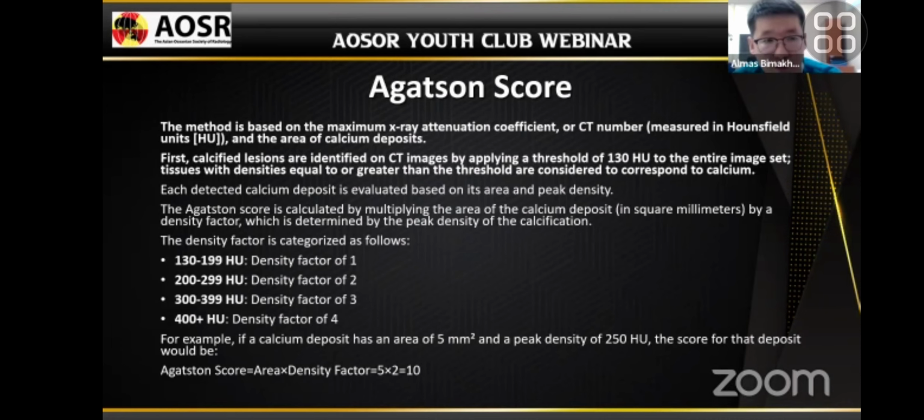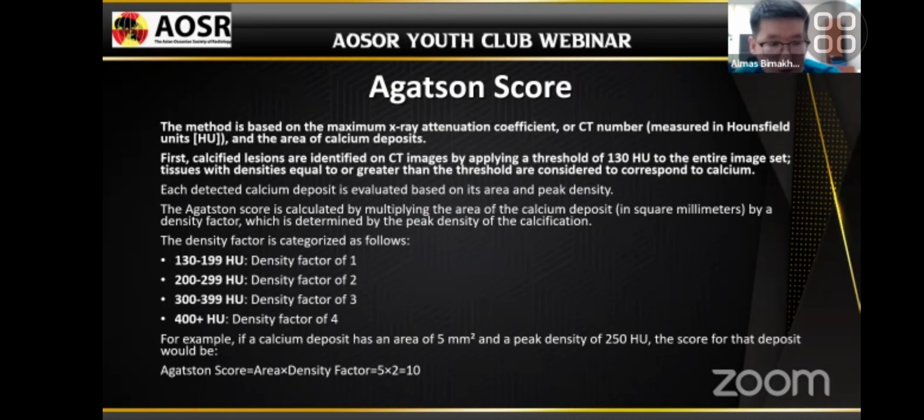Tissues with density equal to or greater than the threshold are considered to correspond to calcium. Each detected calcium deposit is evaluated based on its area and peak density. The Agatston score is calculated by multiplying the area of the calcium deposit by a density factor, which is determined by the peak density of the calcification. So the density factor is categorized as follows.